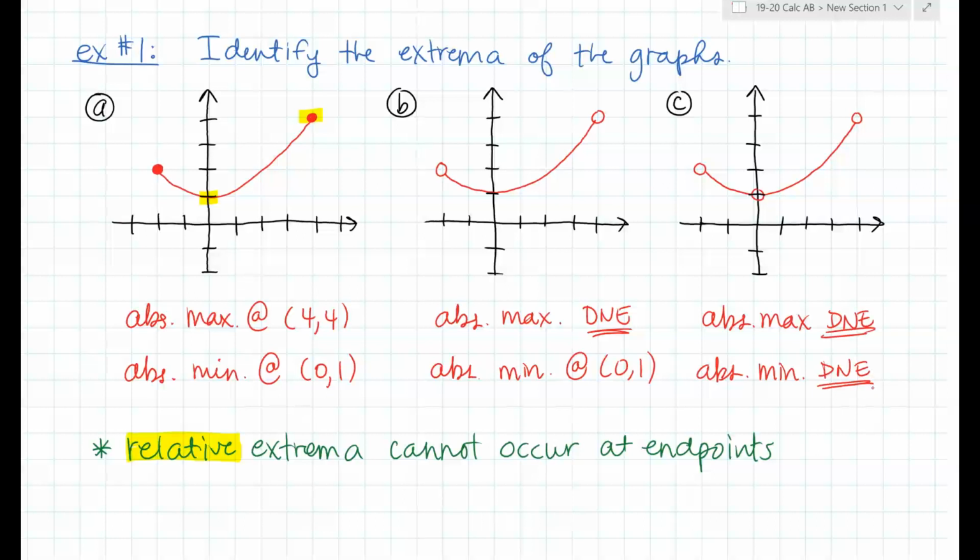Doesn't make sense. Now, if you notice how we had absolute maximums and minimums right here, right? So when an endpoint is considered an extrema, we call it an endpoint extrema. I know it's like totally crazy, right? But if the extrema occurs at an endpoint, we call it endpoint extrema.